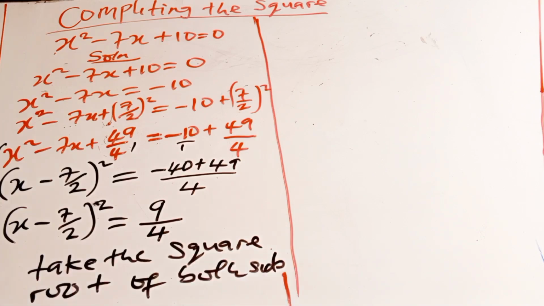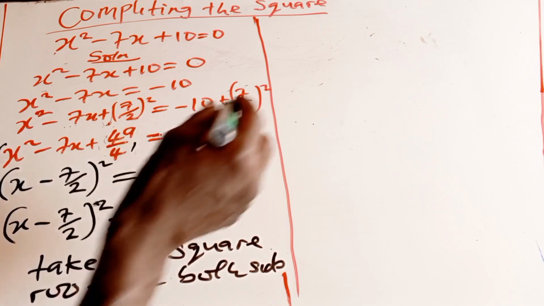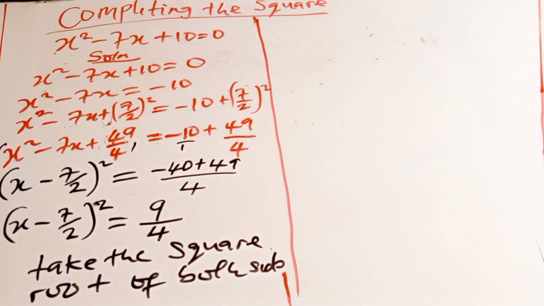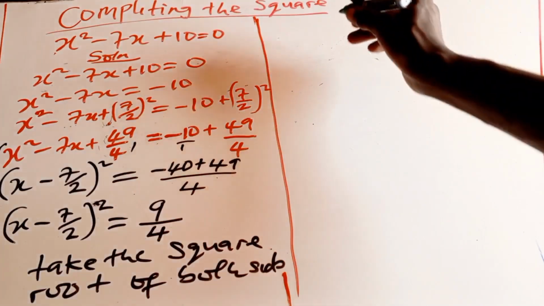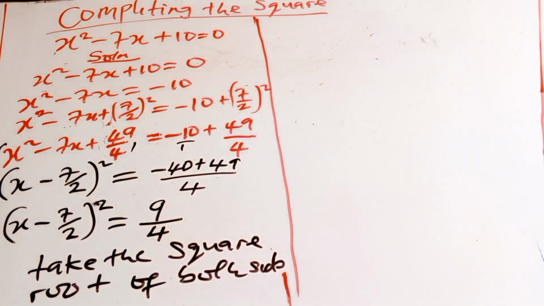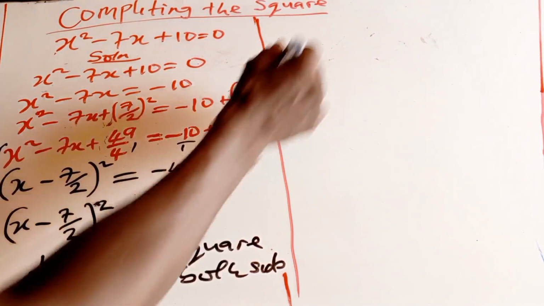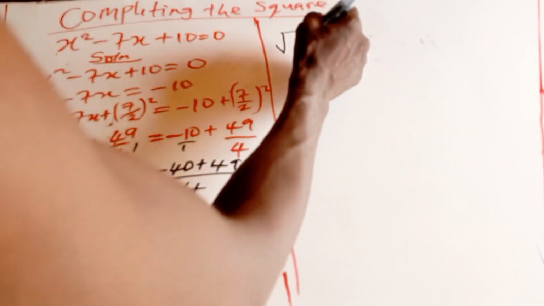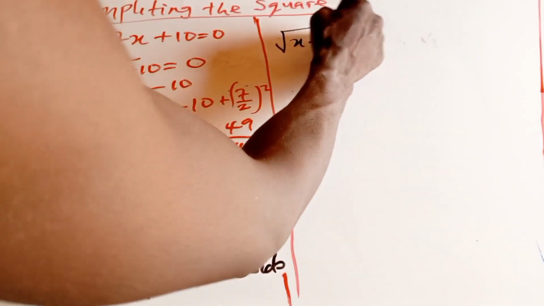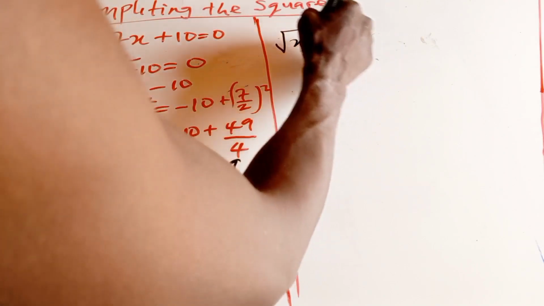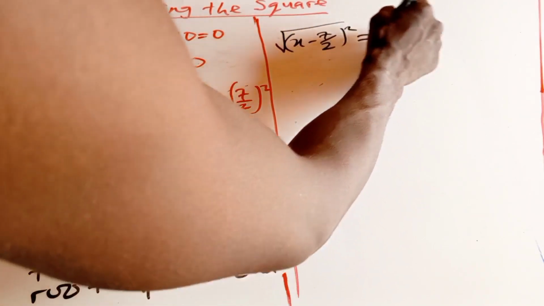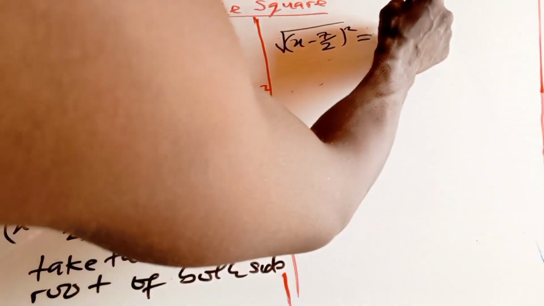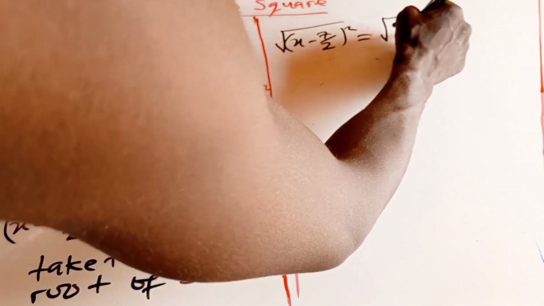If you take the square root of both sides, here you can get the square root of x minus 7 over 2 squared is equal to the square root of 9 over 4.